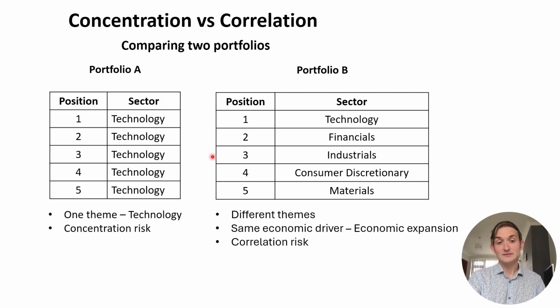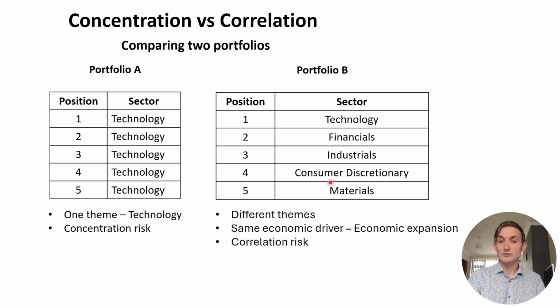This means that they are all linked to one market theme, which is technology. And therefore, the risk would be considered highly concentrated, as you can see, within the technology sector.